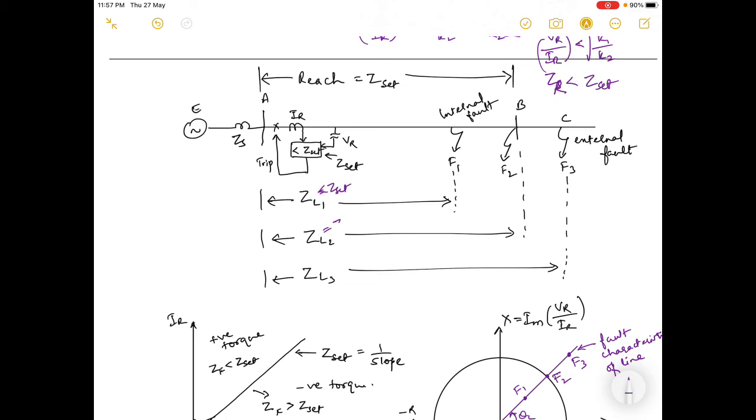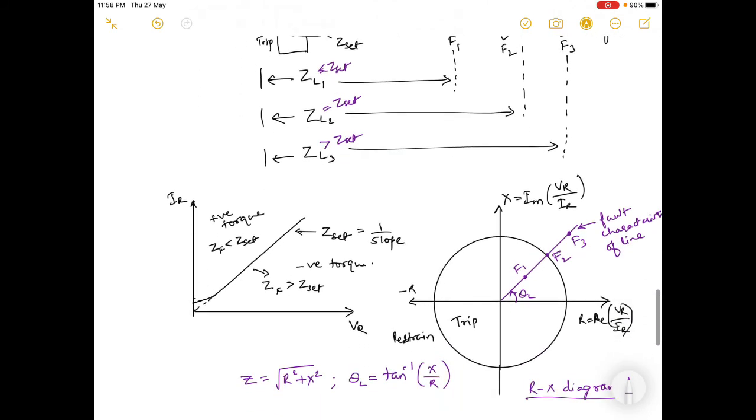Here it is exactly equal to Z set, you can see at the edge it is there. And for point C it is greater than Z set. So for external fault, here the impedance is more. Since impedance is more, the relay will not operate.